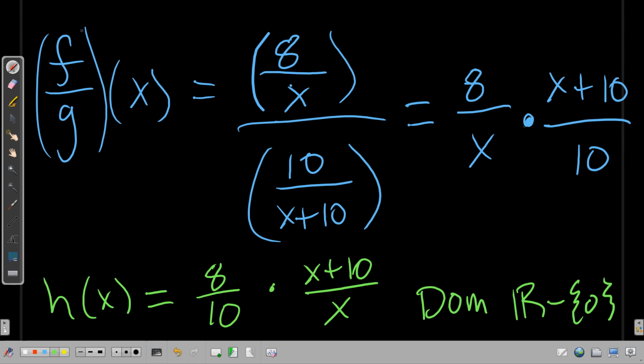But f over g was built from f and from g, so it would inherit the domain restrictions of both f and g. So yeah, I checked.